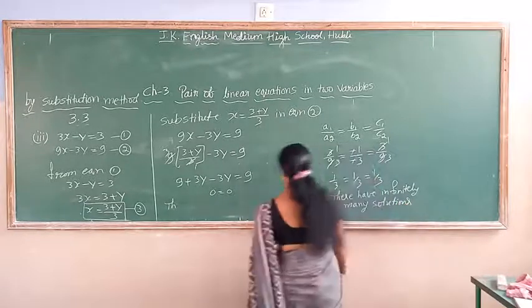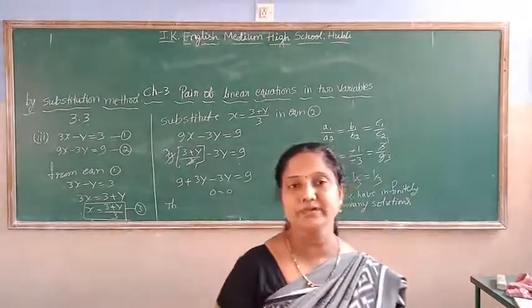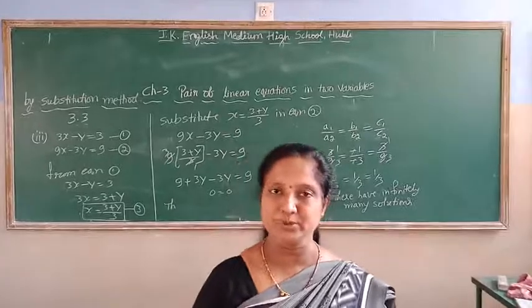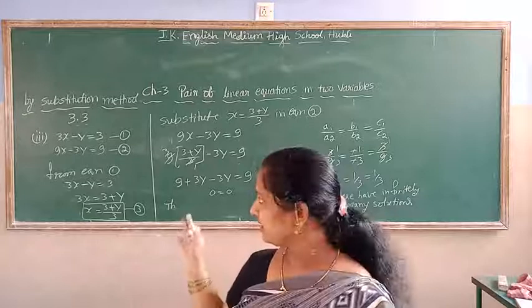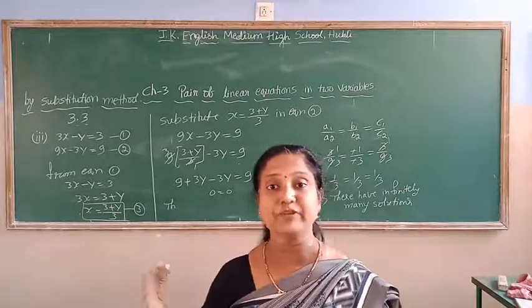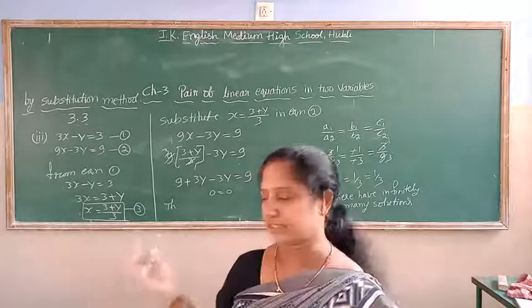So verify first. When you have only one solution, a1 by a2 is not equal to b1 by b2, which means we get a unique solution. But here, if you verify first, you will get infinitely many solutions. So these equations have infinitely many solutions.